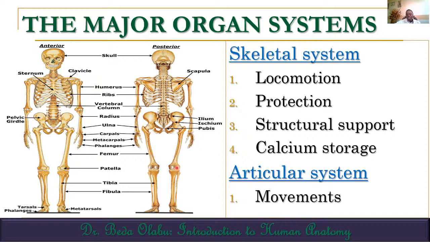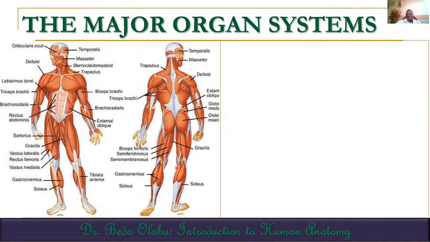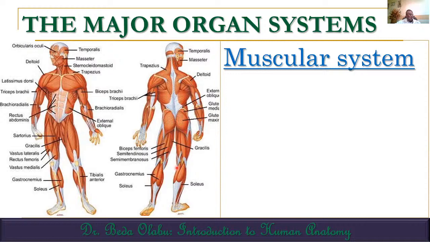So we've named two systems so far. Closely related to the skeletal and articular systems is the muscular system. When you talk of the muscular system, we are referring to this system which is largely made up of the skeletal muscles and perhaps their modes of attachment.